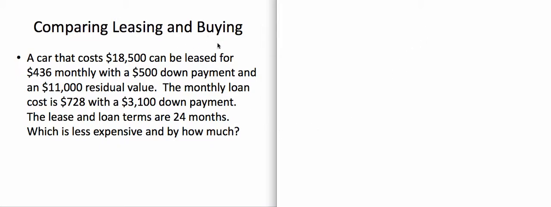So the car can be leased for $436 a month, with a down payment of $500 and a residual value of $11,000. You see here the loan term is 24 months. So we're going to take 436 times 24, and that gives you an answer of 10,464.